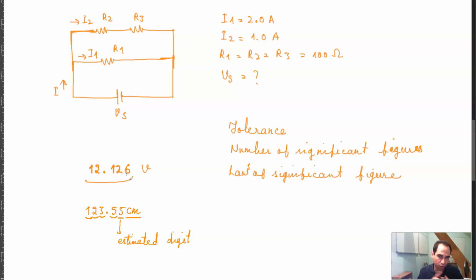I take this as 0.4, 0.5, or 0.04, depending on the range, so that last digit is also estimated, but again it is significant. Depending on the resolution of your measurement device, you will get some digits after the decimal point, and all of those digits will be significant.